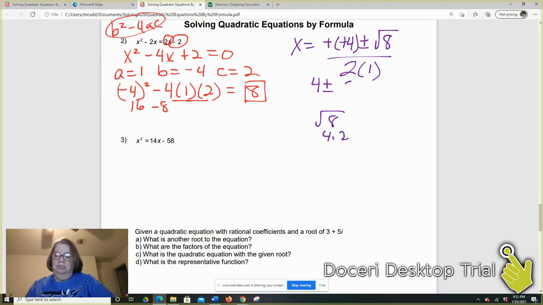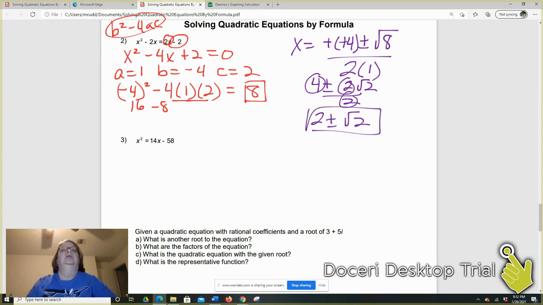Square root of 4 is 2. You can divide this one and this one all by 2. You cannot divide the one that's under the square root sign. We don't need the one on the bottom. There's your answer.